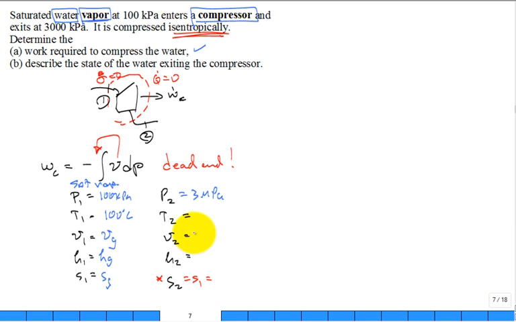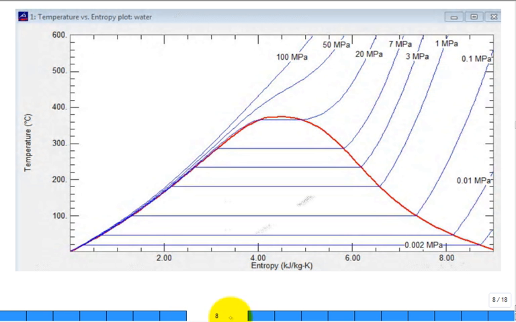And we'll have to go to our superheated vapor table because it's going to be superheated vapor, isn't it? Let me see if I have it here. Oh, I even blew it up even more. So 0.1, I want to go out to 3. And so you can tell it is hot.